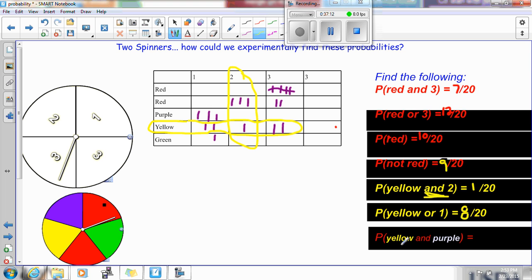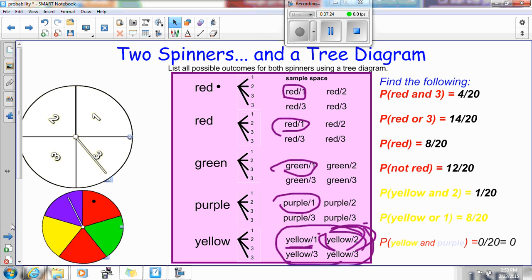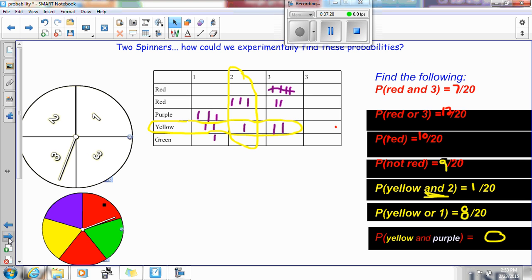And again, probability yellow and purple, as you can see, that never happens, that both occur, so it's still 0. Again, our theoretical probabilities and our experimental probabilities are not always the exact same thing, because we have to do many, many, many of these experiments before they're the same thing.